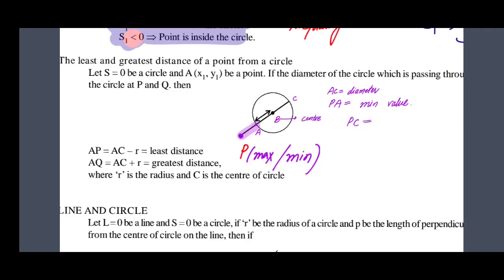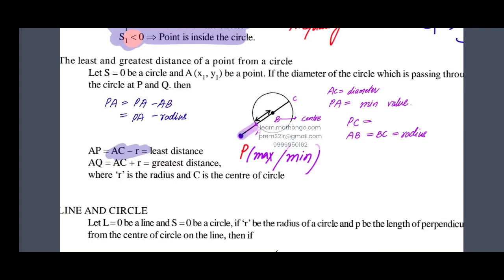That will come from the two point formula, because P and the center are known to you, and AB equal to BC is nothing but the radius. So PA can be written as PB minus AB, that is the distance of the point P from the center minus the radius. Got it? That is what is written in the formula book, AC minus R.